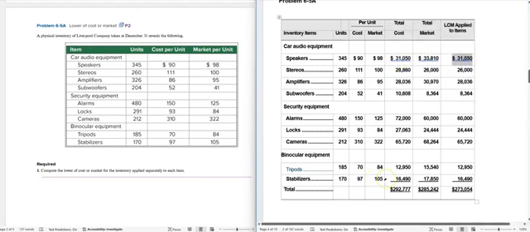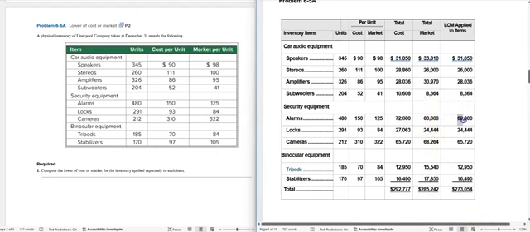Because cost is below market, that's the amount that we're going to report for our speakers on our balance sheet. Stereos, the lower is the market, so we are going to use that number. Amplifiers, cost is lower, that's the amount we're going to use. Subwoofers, market is lower, that's the amount we're going to use.